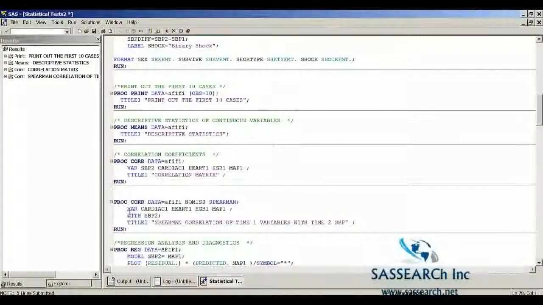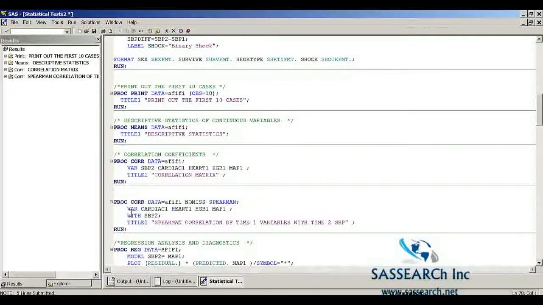The other thing I want to point out about this code that differs from when I did PROC CORR with the Pearson correlation coefficient is that when I have just a VAR statement, it does a full correlation matrix. It correlates every one of these variables with each other.